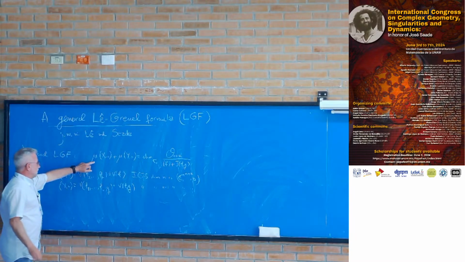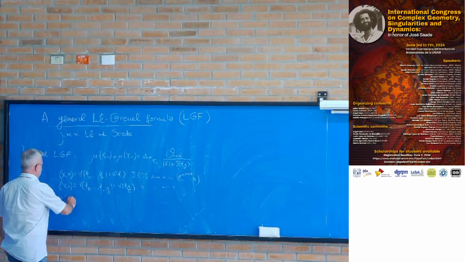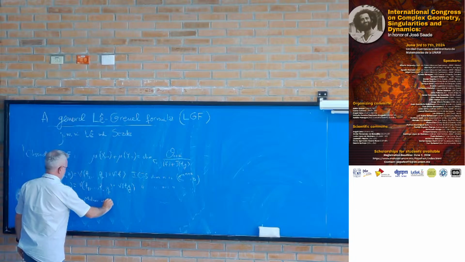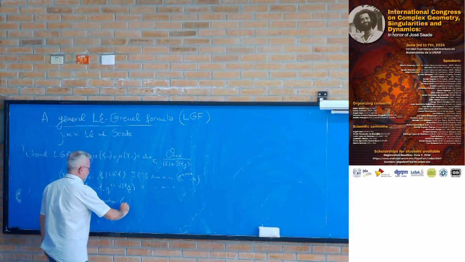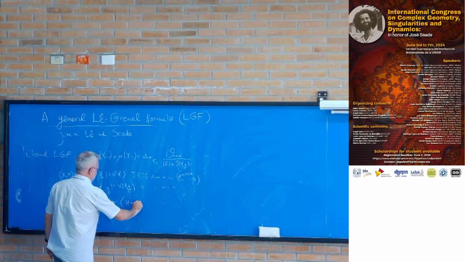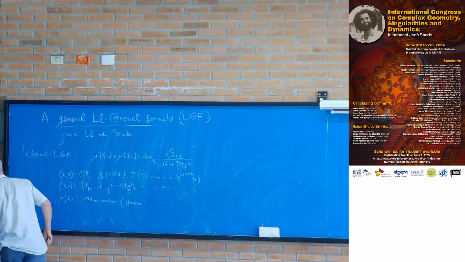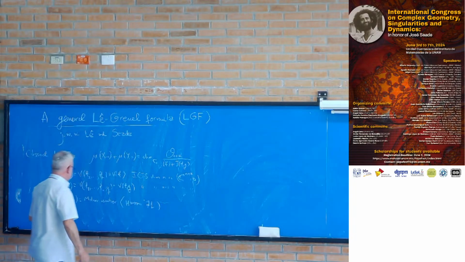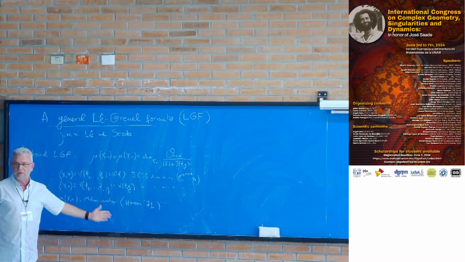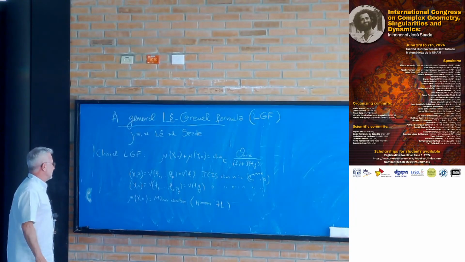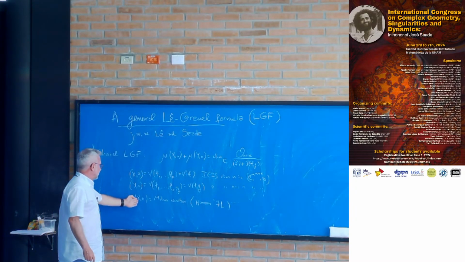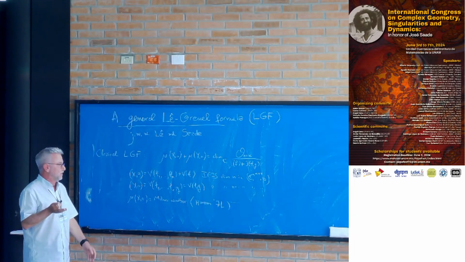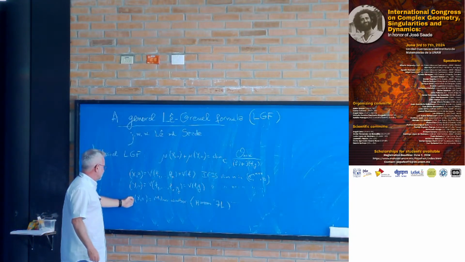Here the Milnor number is mu of X. This is the Milnor number of the ICIS. This was defined by Hamm, I think in 71, maybe 71. So this was inspired by the Milnor number of a hypersurface with isolated singularity. So you take a Milnor fiber of the ICIS, and then the Milnor fiber has the homotopy type of a bouquet of spheres, and the number of such spheres is this Milnor number.